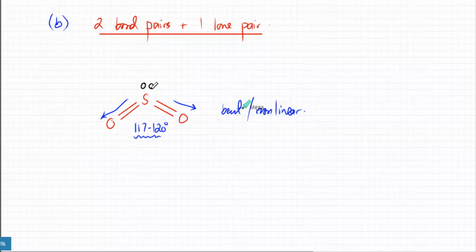So it's going to exert more repulsion. If there's a piece of magnet that's really far away, it's going to have lesser repulsion. But if there's a piece of magnet that's really close to it, then there's going to be a stronger force. The same applies to electrostatic force. If the electrons are really close by, they're going to exert a much bigger repulsion.